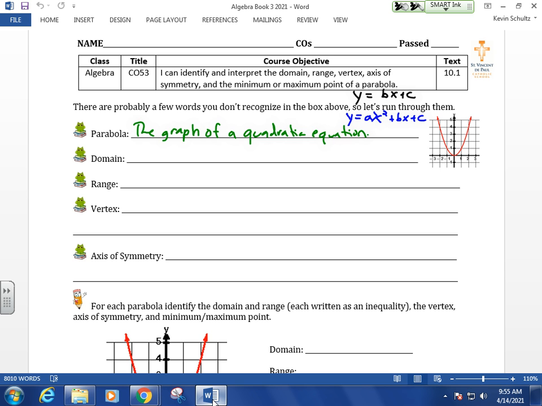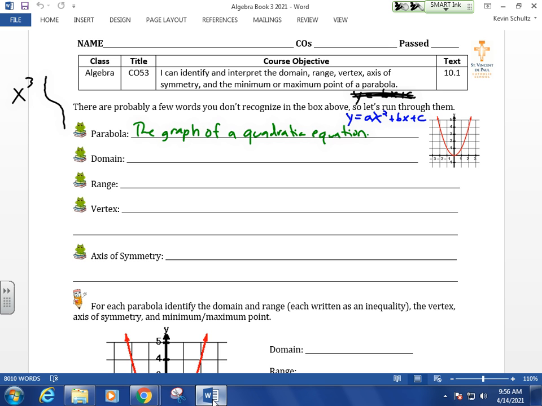So whenever you see an equation with that x squared term, that's what gives it that parabolic shape, that power of 2. If you were to change that to a power of 3, now your graph looks something else. An x cubed graph, you don't have to write this down, looks like this. So every kind of design for an equation has a graph that's associated to it.